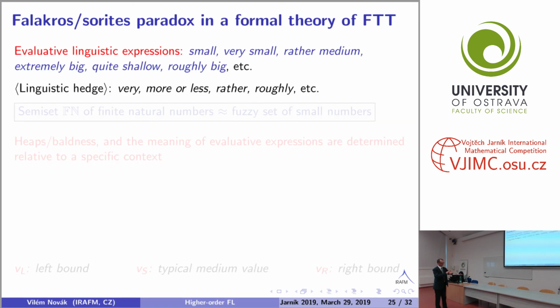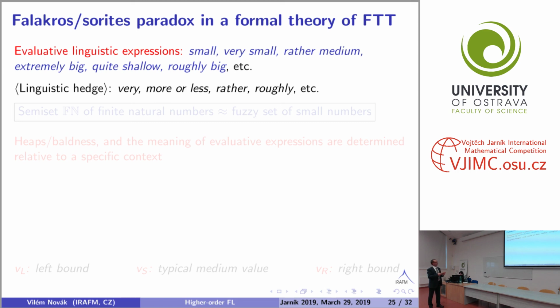And now I will return to the Falakros and Sorites paradoxes in fuzzy type theory. Let me mention that there does exist a very important part of expressions of natural language. These expressions are called evaluative linguistic expressions. Here are examples: small, very small, rather medium, quite shallow, roughly big, very intelligent, beautiful, and so on and so on.